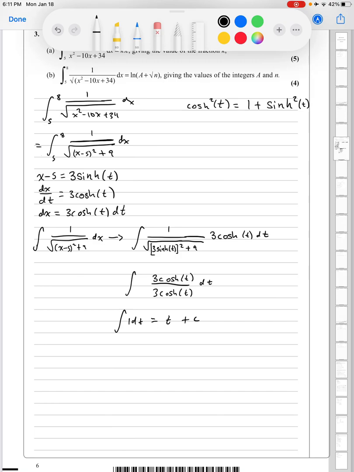And then doing a very similar thing to what we did last time, we could say t is just the arc sinh of x minus 5 over 3, not over 8. X minus 5 over 3.